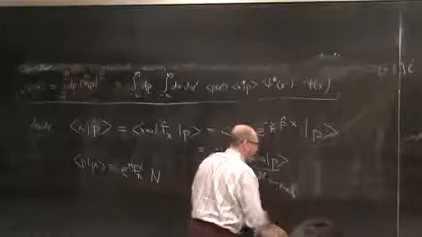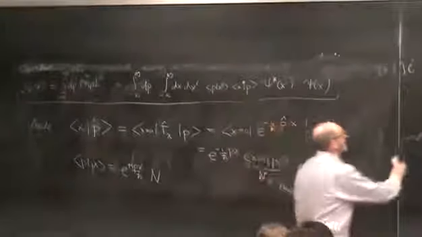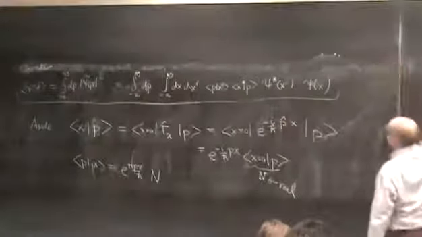We always have a conventional overall phase we can choose, and we'll choose it to be real. Okay, so now I can plug that in. We don't know what this n is here, but let's plug it in.